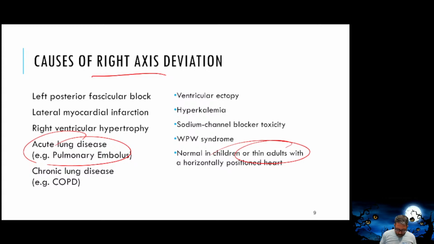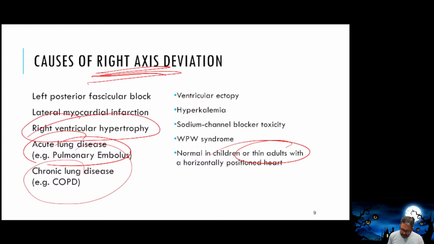So thin people and lung diseases also shift it to the right. So the big things are, if it's a right axis deviation: RVH, pulmonary diseases, anything affecting the right ventricle can cause a right axis deviation. These are just depending on where they're causing issues.